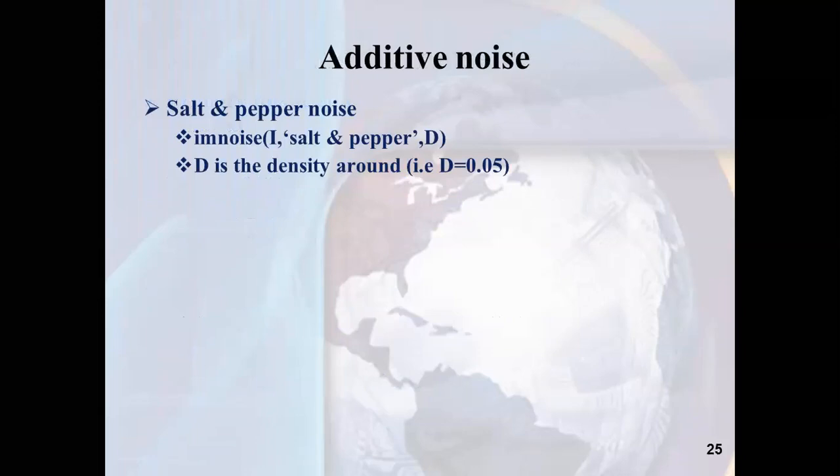So we have salt and pepper noise, imnoise with the image and 'salt & pepper' and D. D is the density, which means that 0.05 means 5% of the pixels will have their values changed into 0 or 255, which means white and black, or salt and pepper.